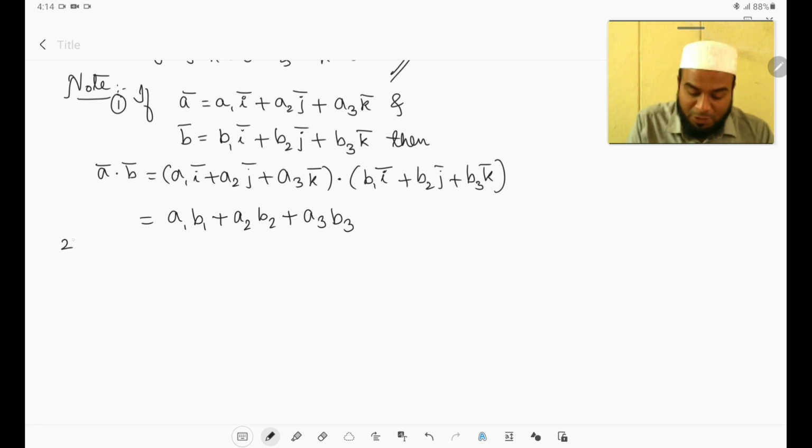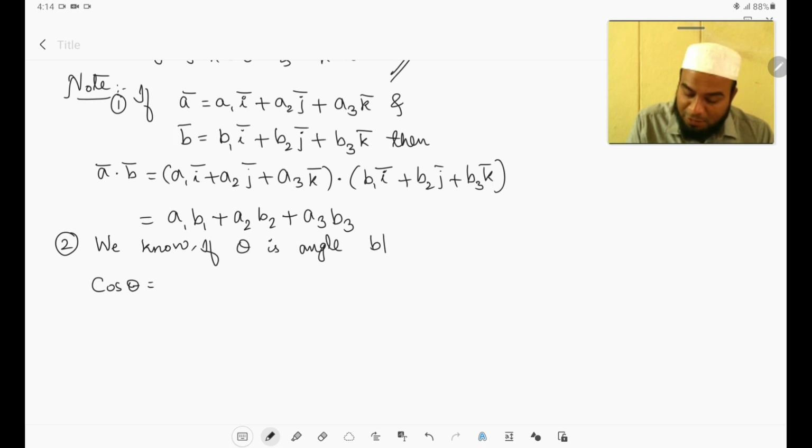Then next, the second point is, we already know how we get cos theta. If theta is the angle between a bar and b bar, then cos theta is given by a bar dot b bar by mod a bar into mod b bar.